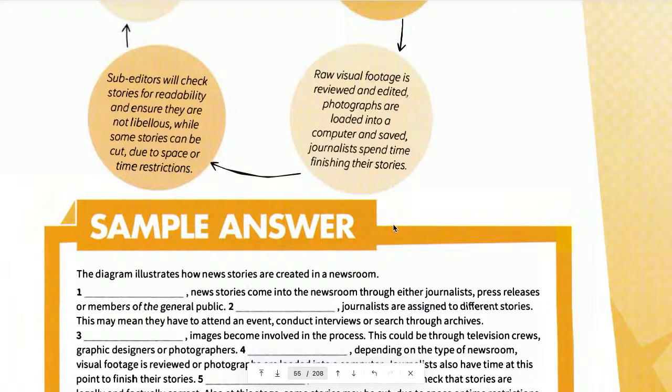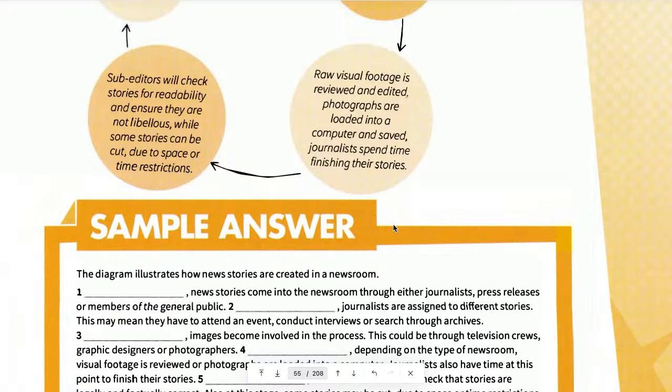That means the ability to read. Readable or not. That means making sure that the audience can read that. Because if the letters are too small, they cannot read, right? So they check stories for readability. They don't check the content, but they check whether that is readable or not. And for that, we don't need the main editors, we just need some sub-editors, should be fine, right?